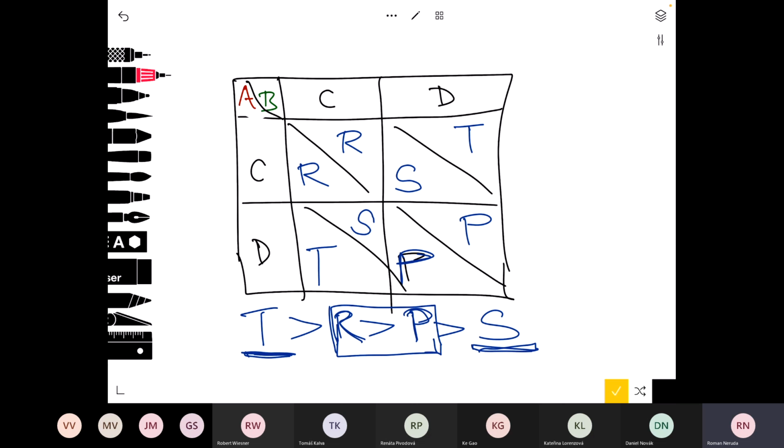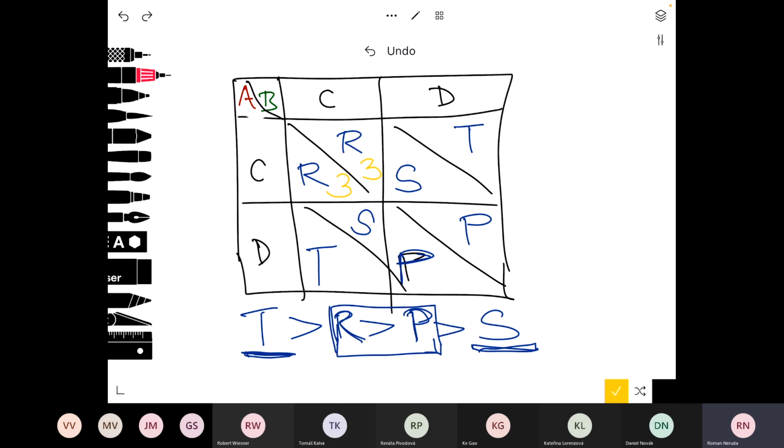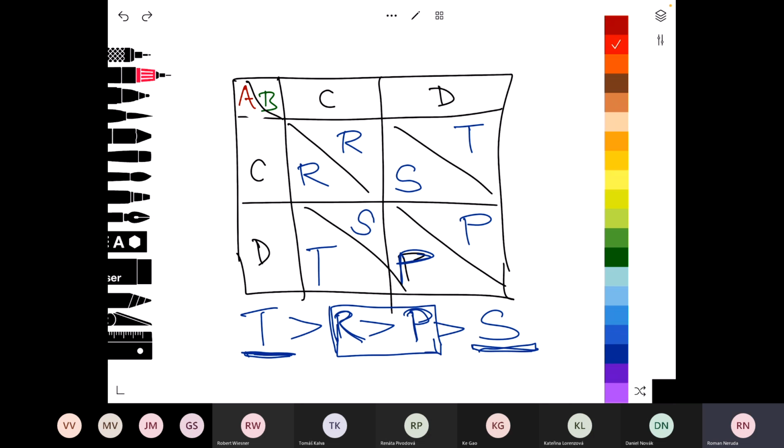So okay, I'll write it down. So we have three. It's better to write the numbers, so I will do it like this.